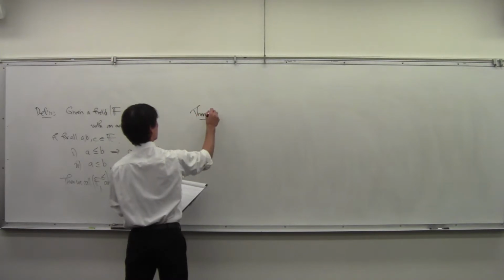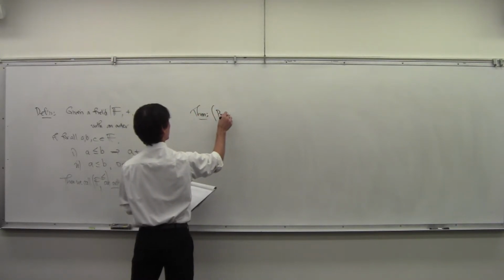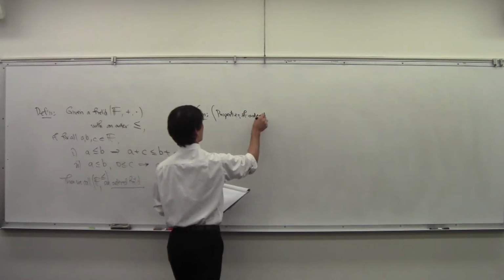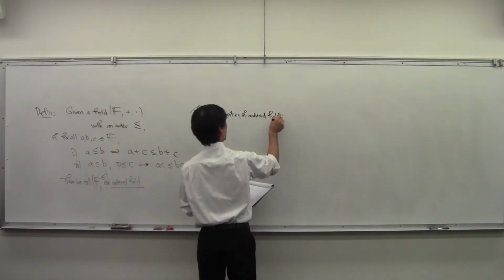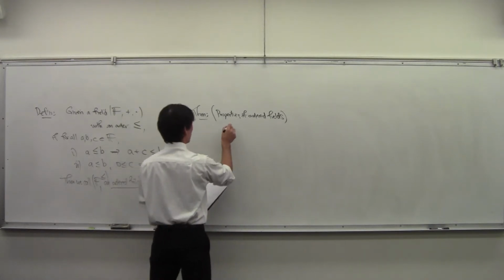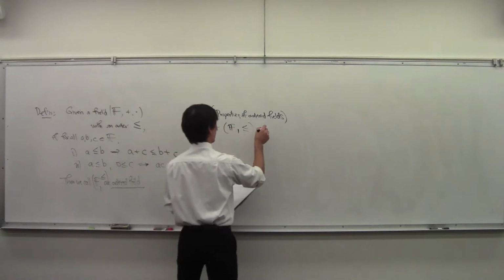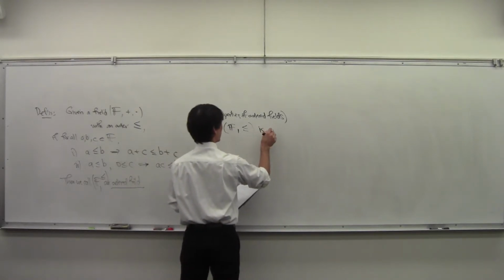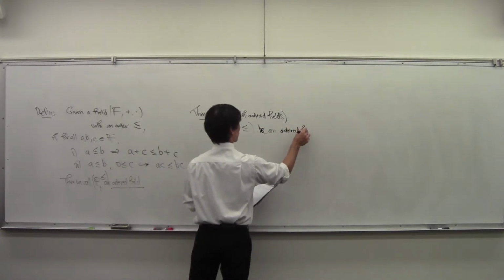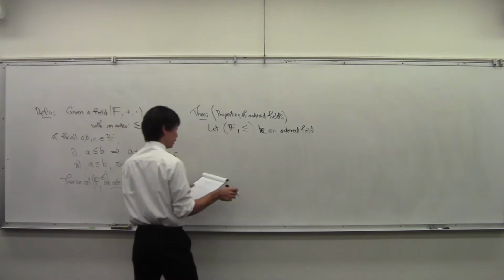Theorem. Properties of ordered fields. So let's say that F with an order is an ordered field. Let this be an ordered field.